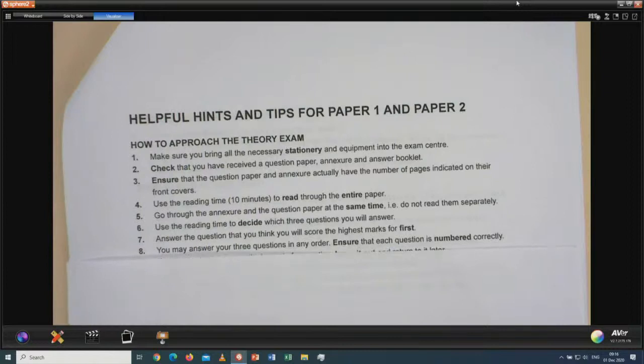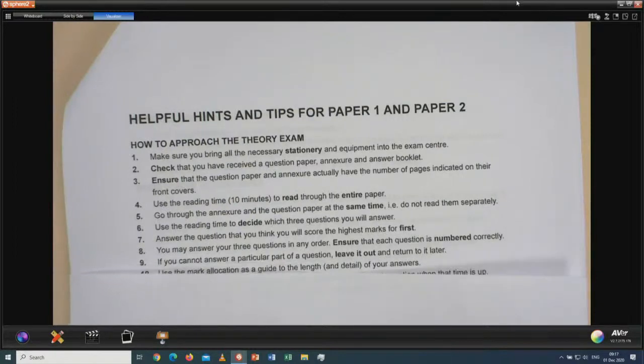Okay, number 8, you may answer your 3 questions in any order. If you start with question 4, please make sure that you number correctly. Don't change the numbering system that is on the question paper. The next one, number 9: if you cannot answer a particular part of the question, leave the space, and you will return to it later on.